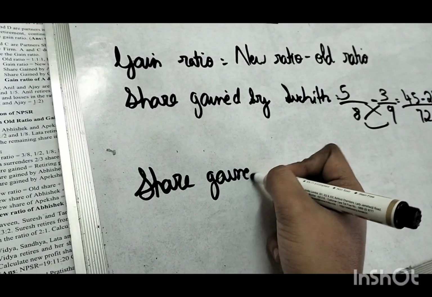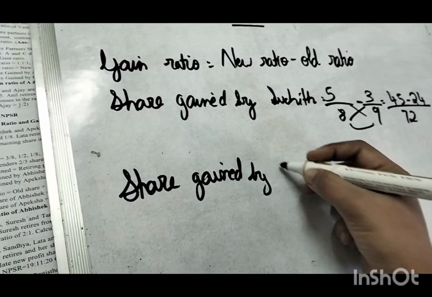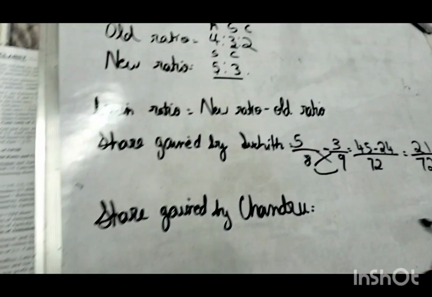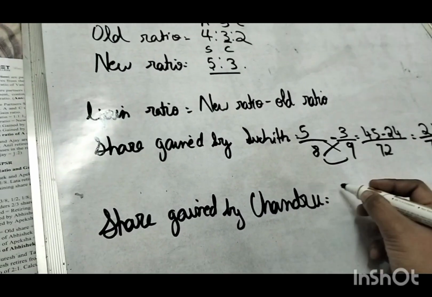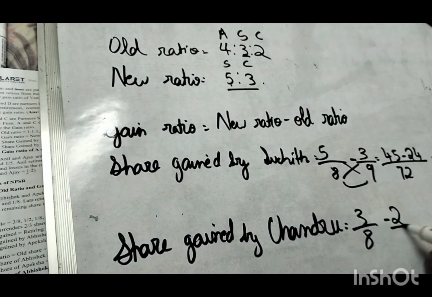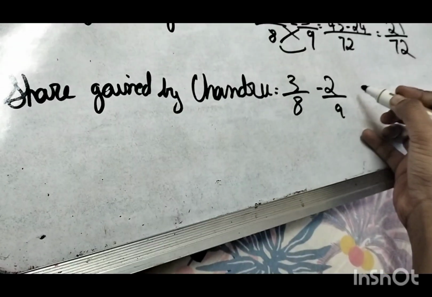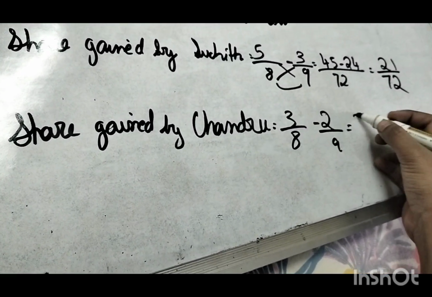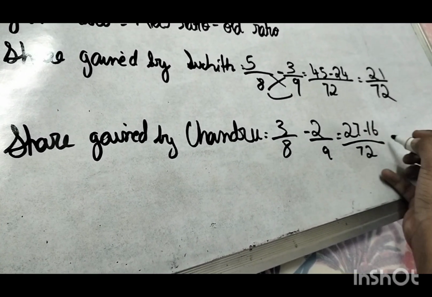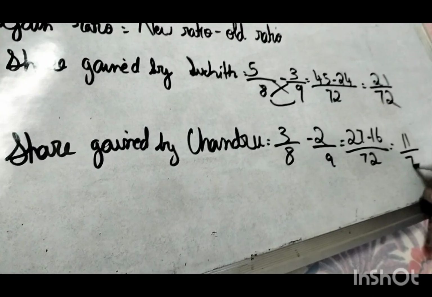Next, share gained by Chandru. New ratio of Chandru is 3/8 minus 2/9. Cross multiply: 9 3s are 27, 8 2s are 16, 9 8s are 72, 27 minus 16 is 11.